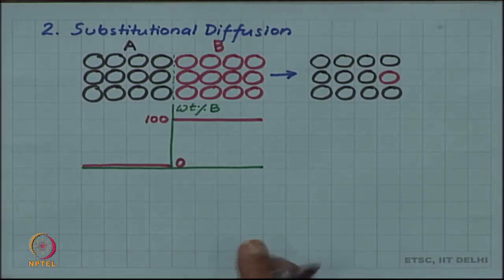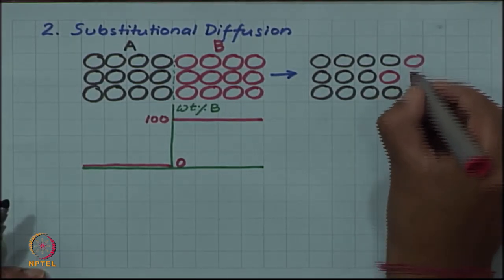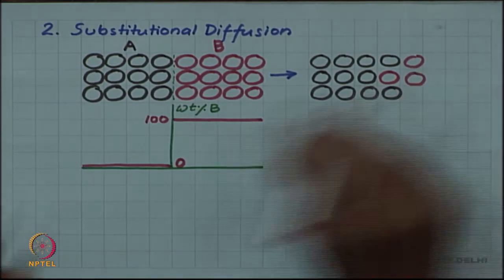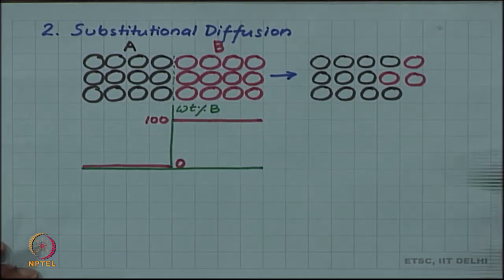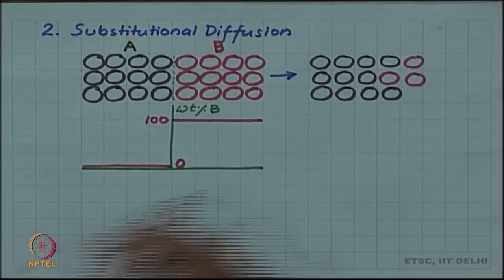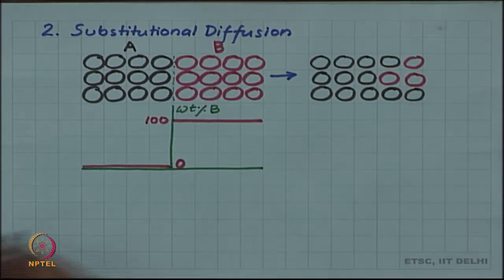So, now I am finding a B atom on what was initially the A side, and correspondingly somewhere there will be an A atom on the B side.